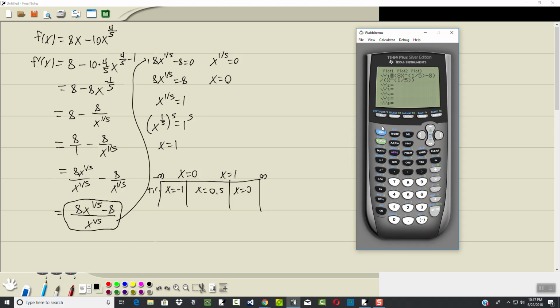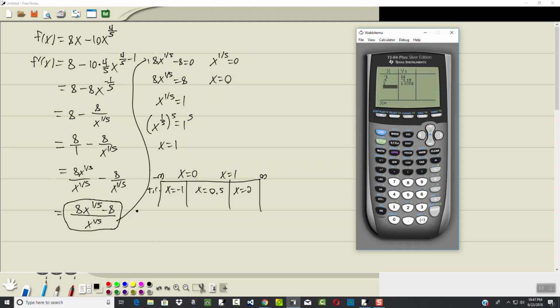Now if I go to my table setup, I do second window. I want the independent to say ask, so I down arrow to here and right arrow, put the flashing cursor on ask, and press enter one time, assuming your calculator is already set up for that. Now I go to second table, and I can plug in my test cases, and it'll evaluate them for me.